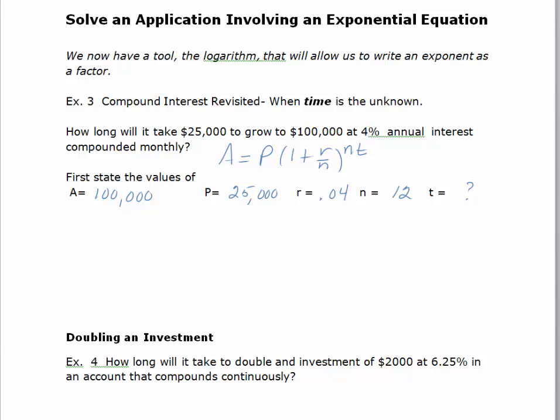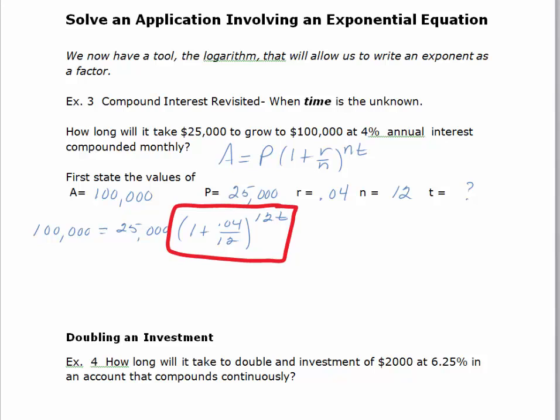So when I substitute in, I'm going to get 100,000 equals 25,000 times (1 plus 0.04 divided by 12) to the 12t. My job is to isolate the exponential expression, so I need to isolate this first, and I will do that by dividing both sides by 25,000.